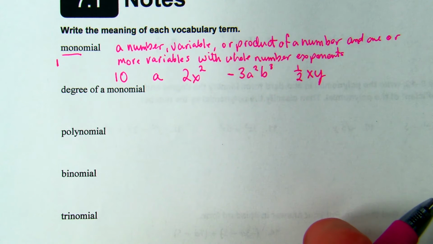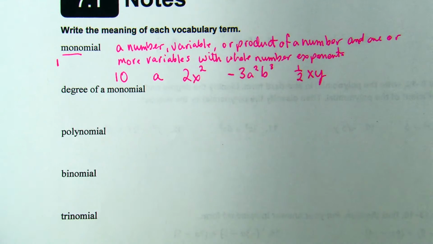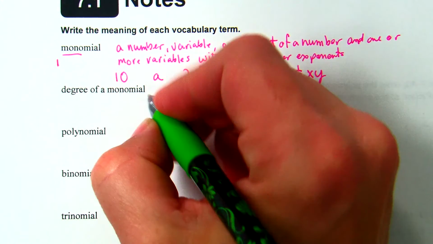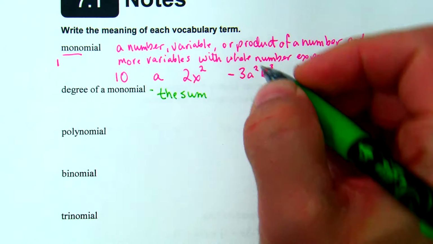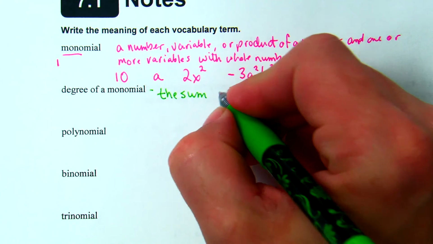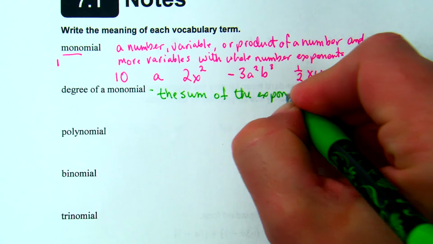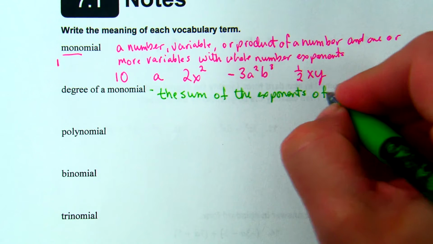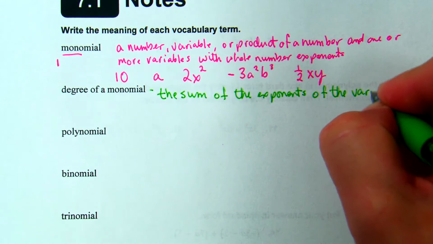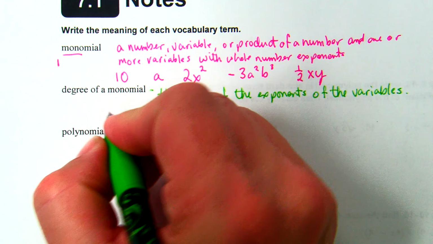The degree of a monomial, let me change colors here so we don't get these mixed up, is the sum of the exponents of the variables. Okay, so the sum of the exponents of the variables, and let's look at some of this together.